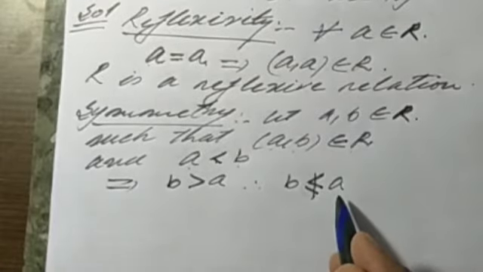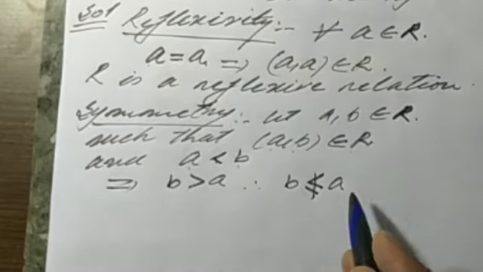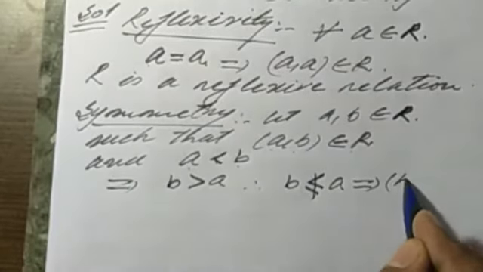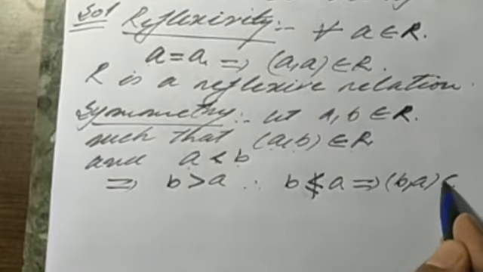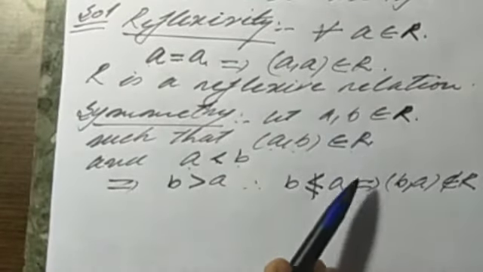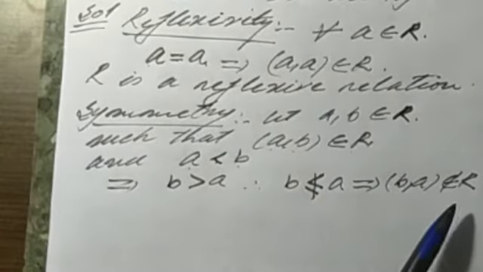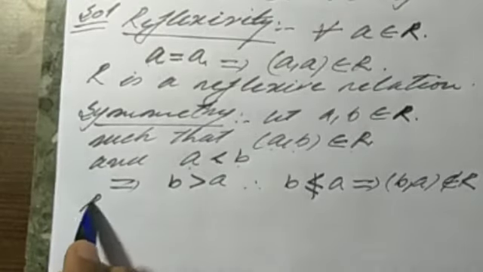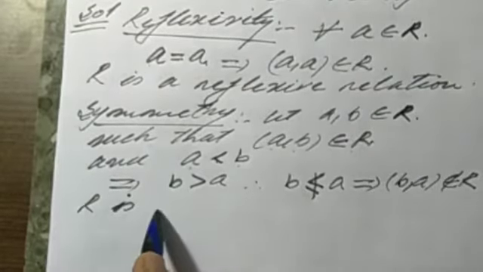If b is greater than a, that means it is neither equal to a nor less than a. So it implies that (b, a) does not belong to R. So we have shown that if (a, b) belongs to R, then (b, a) does not belong to R. This is the violation of the criterion of symmetry. So we may say that R is not symmetric.